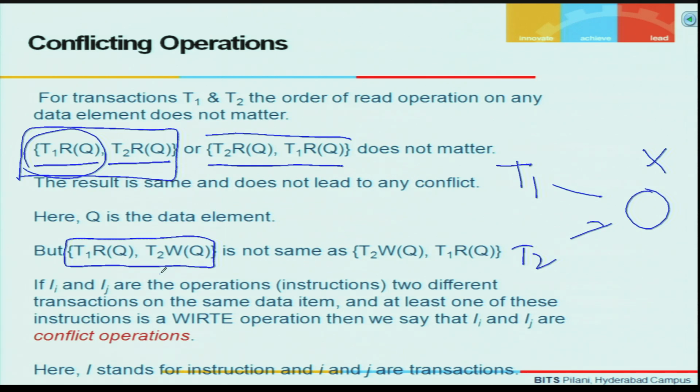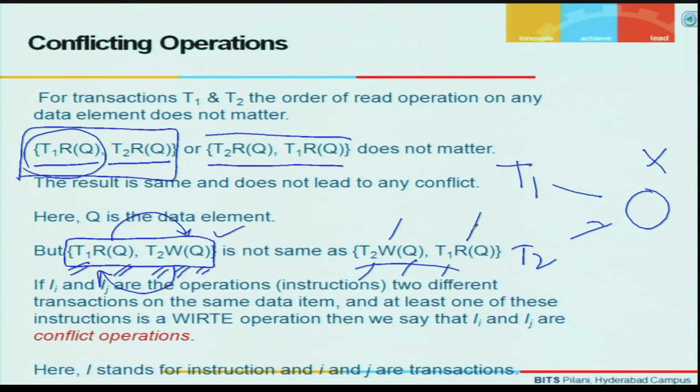If you consider T1 reading the data item Q and T2 writing the data item Q, the data item is the same, T1 and T2 are different transactions, and T2 is writing, T1 is reading. So it is a conflicting pair of operations. Similarly, if T2 does this first and then T1 does this next, then also it is a problem. Same data item, two transactions, one is writing, another one is reading.